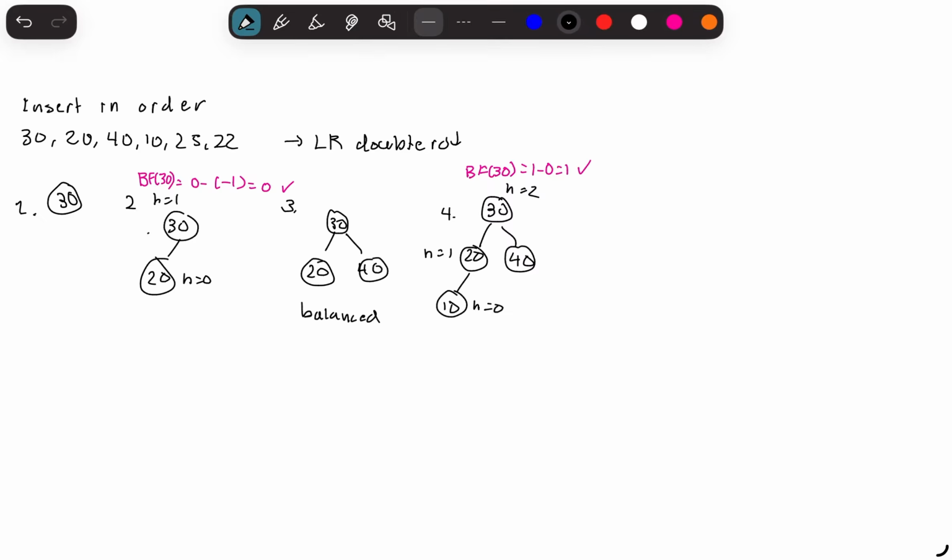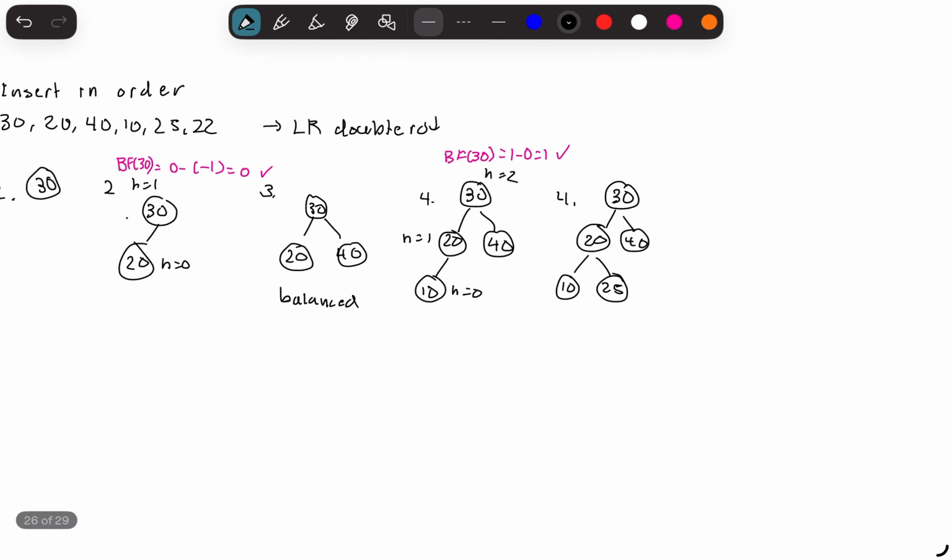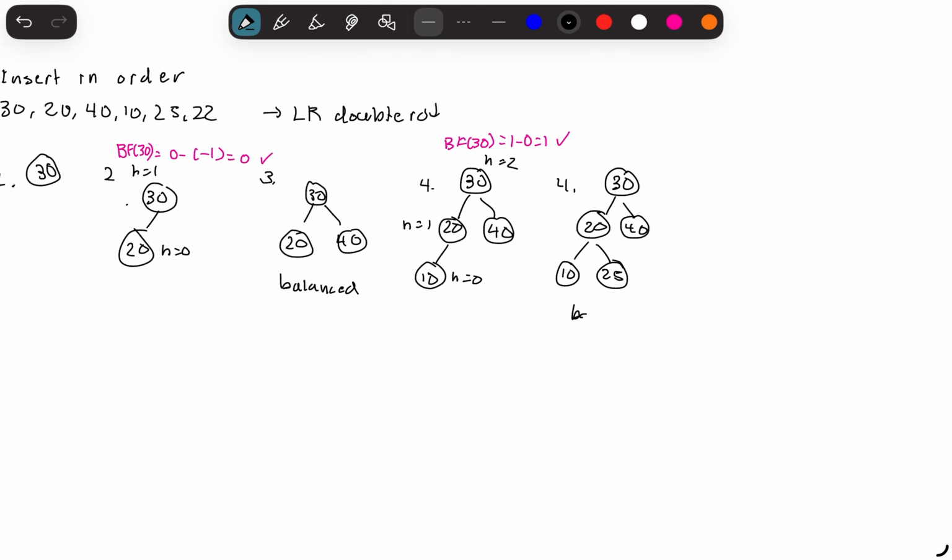That's okay still. Now if you insert 25, you have 30, 20, 40, 10, and 25 fits in right there. We can see that this is going to be balanced, so we're okay.